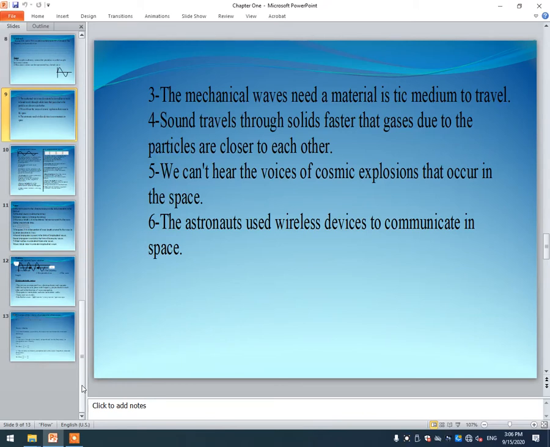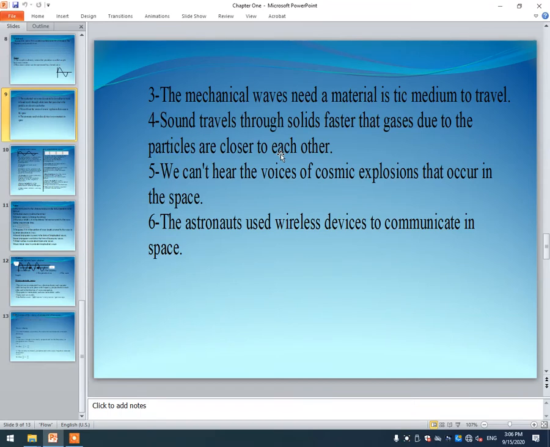As the distance between the molecules of the medium decreases, the spreading speed of the wave will be higher. So sound travels through solids faster than gases because the particles are closer to each other.